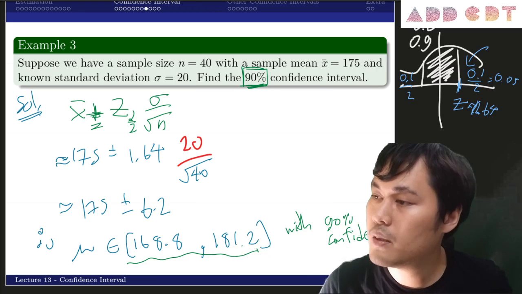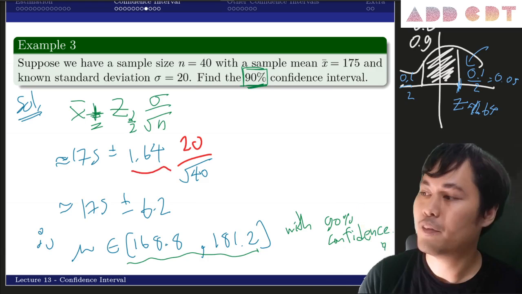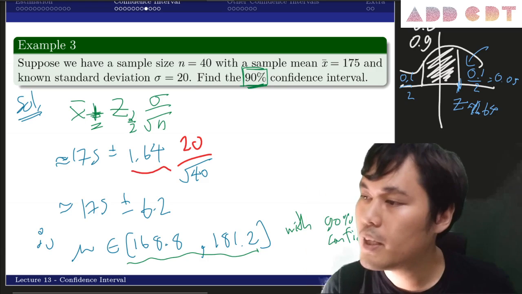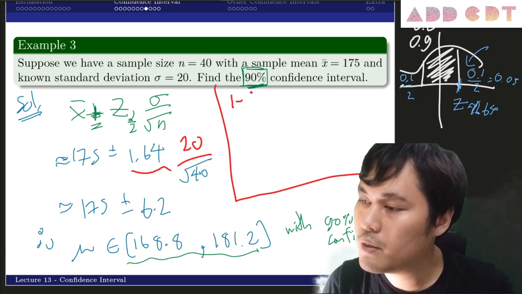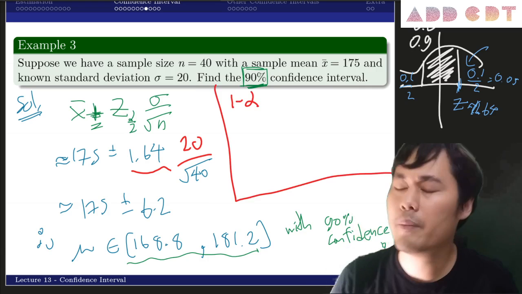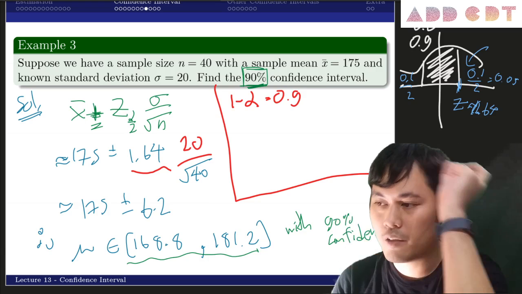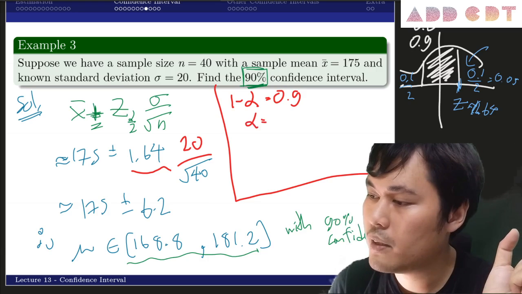So now what we have to compute is just this one here, using the curve. If you want to actually use the formula, then you want that 1 minus alpha to be 0.9. From the formula, the confidence level is 1 minus alpha. If that is 0.9, then alpha is 0.1.